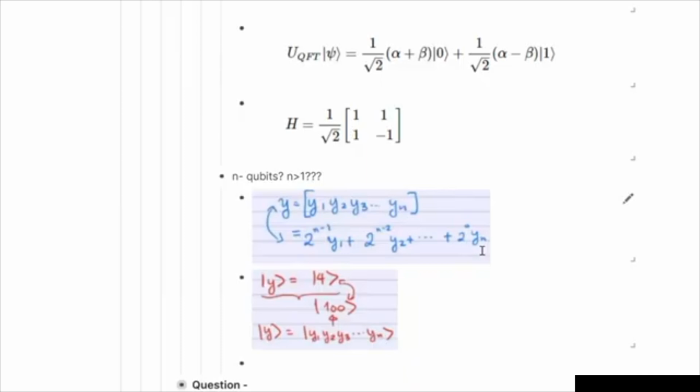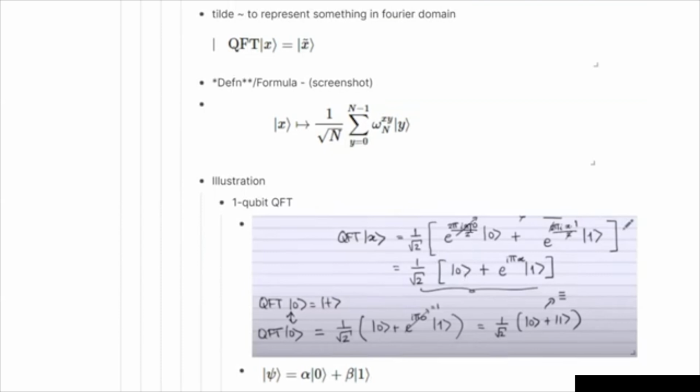So in this example, when y is equal to 4, the 4 can be represented as 100 in binary. So here y1 would be 1, y2 would be 0, and y3 would be 0 again. So we cannot just substitute y as 1, 0, 3, 4 like that.